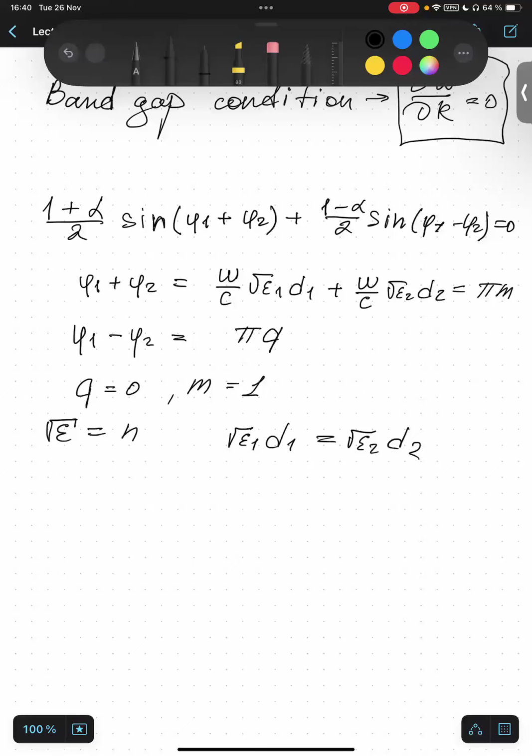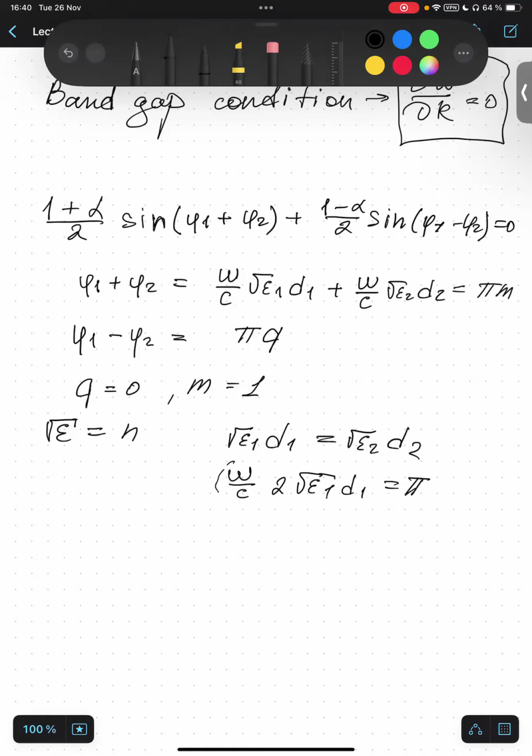I also can further analyze it. Omega over c square root of epsilon 1, just substituted, d1 is equal to pi.